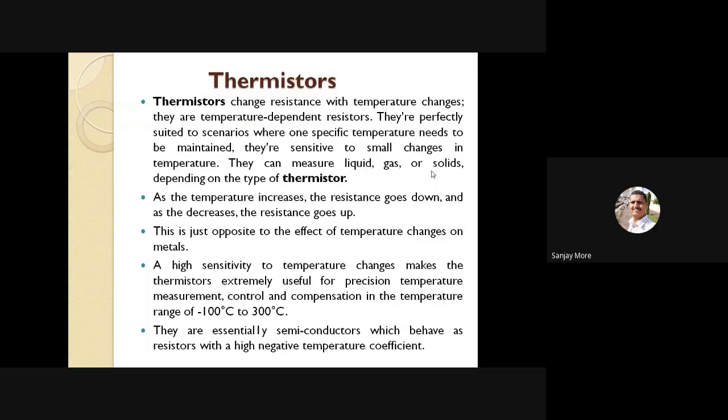So write down the principle of thermistor. All of you, please write down the principle of thermistor. Thermistors change resistance with temperature changes.